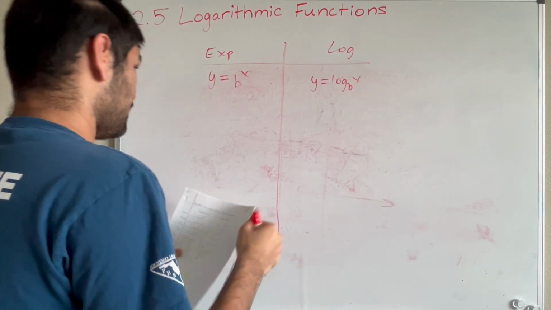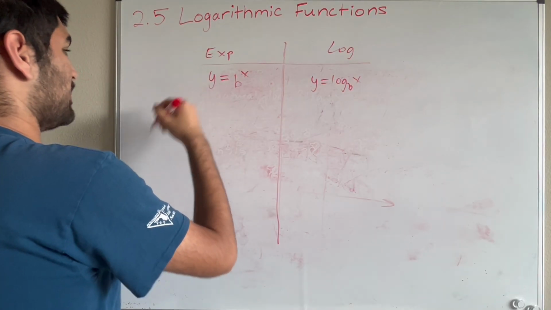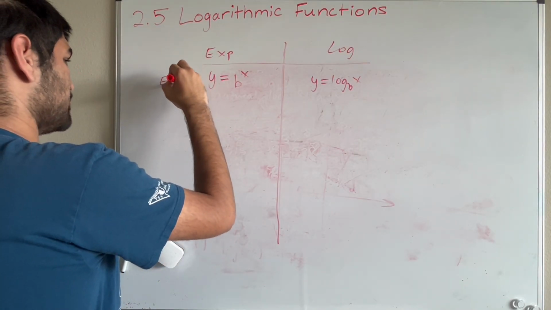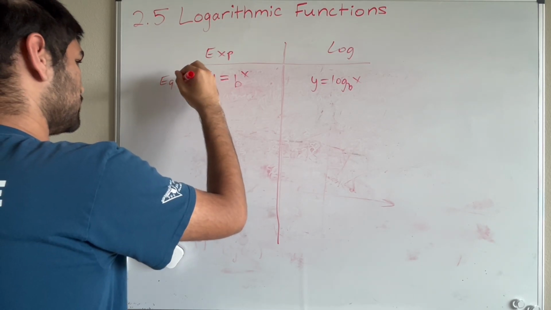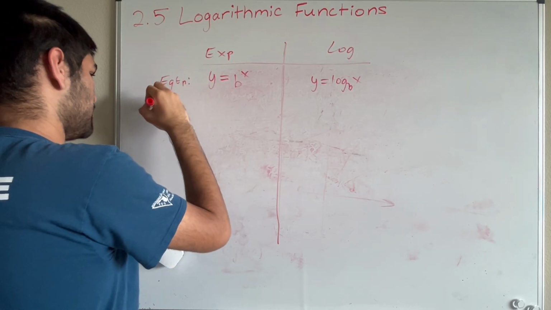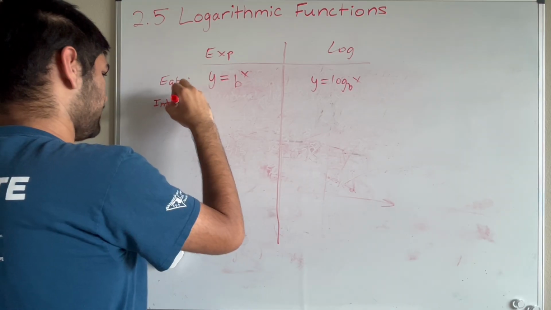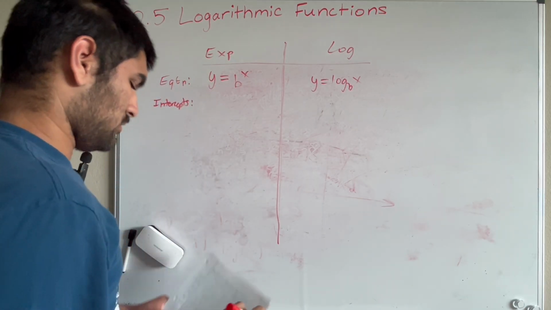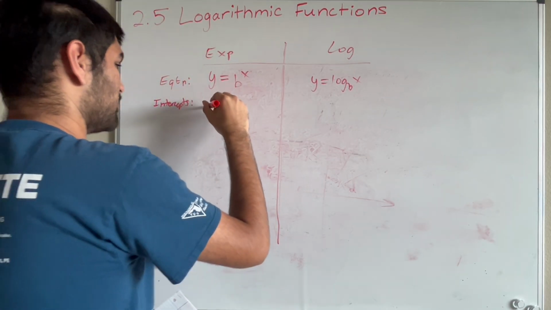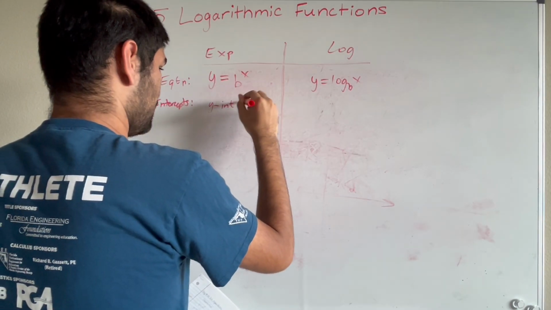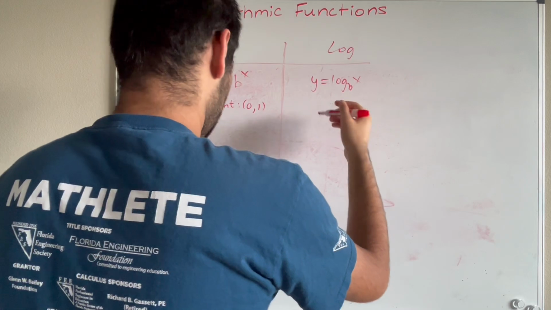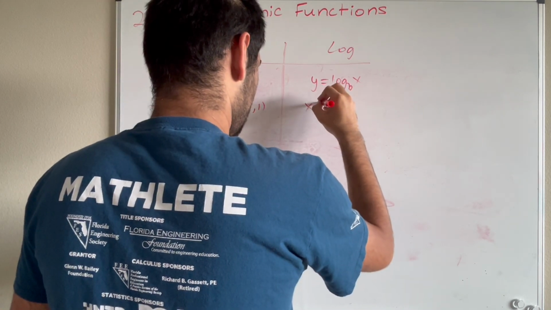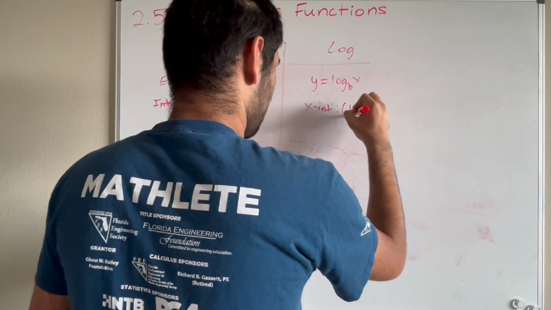Next, the x and y intercepts. For exponential, you have a y-intercept at (0, 1). This is for the parent functions. And then for log, you have an x-intercept at (1, 0).